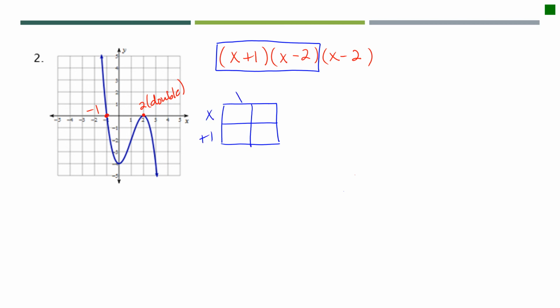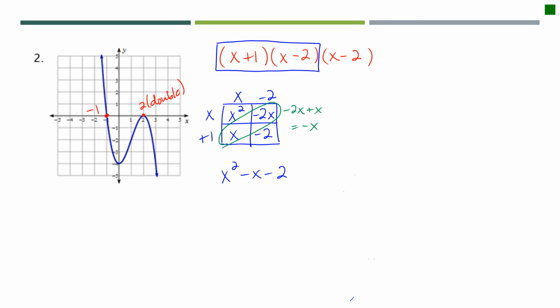So x plus 1, x minus 2. So I have x squared minus 2x plus 1x minus 2. So I need to combine my like terms, which is this right here. Negative 2x plus x gives you negative x. So what I end up with here is x squared minus x minus 2.